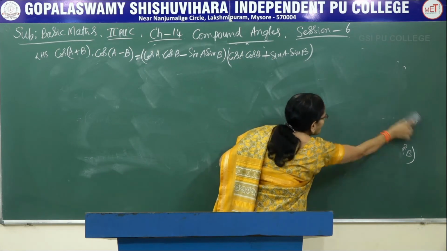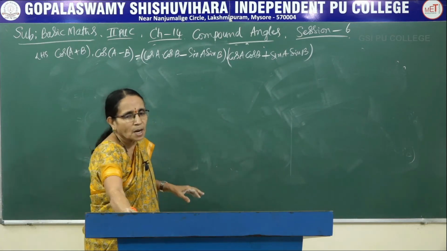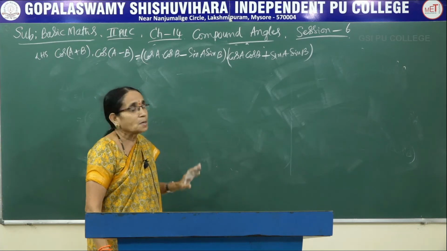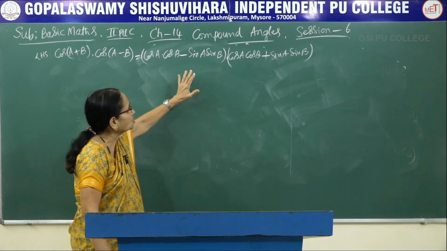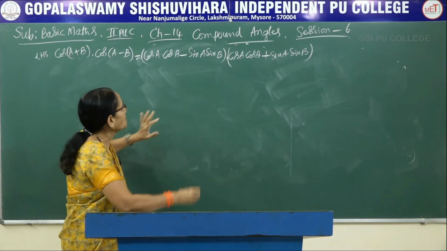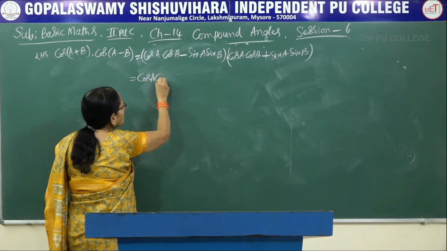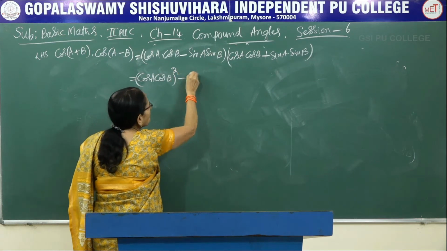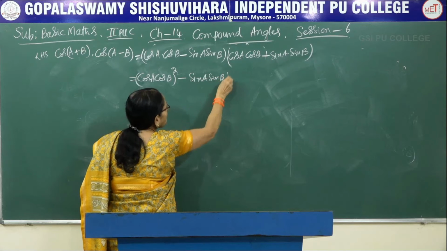Now the same algebraic formula I am using here, that is, it is of the form (a plus b) into (a minus b). Using our high school algebraic formula, it becomes a square minus b square. A square means cos A cos B the whole square, minus sin A sin B the whole square.